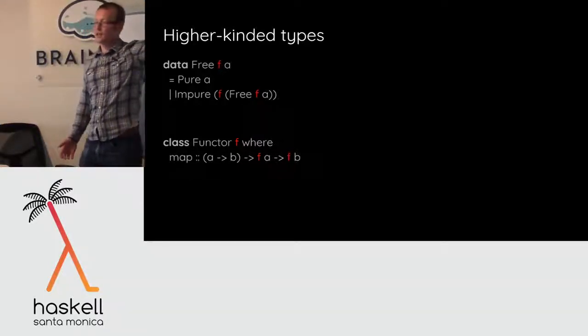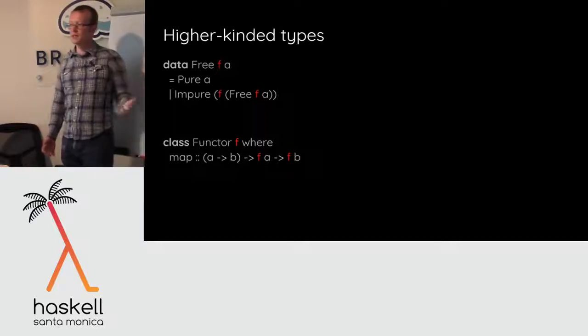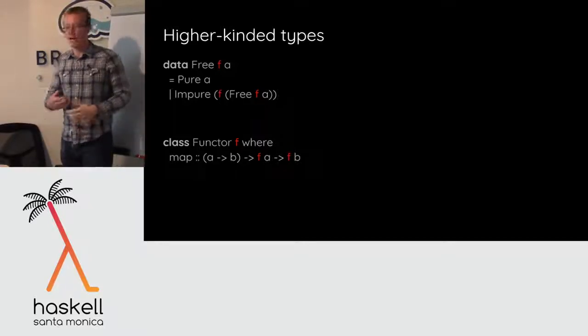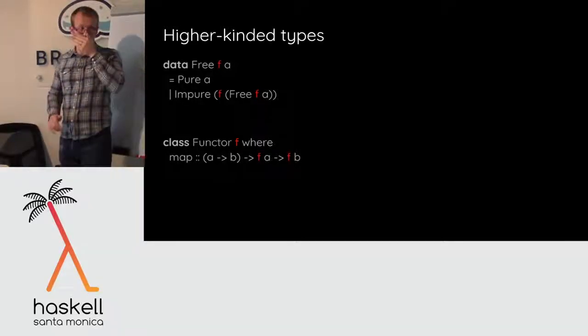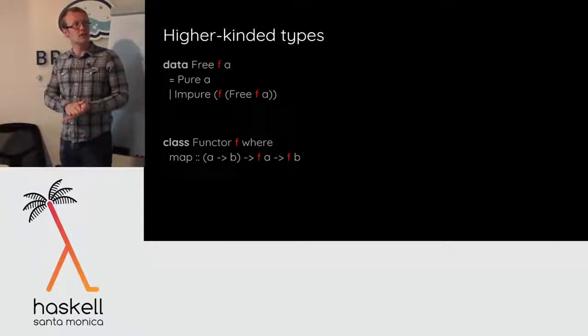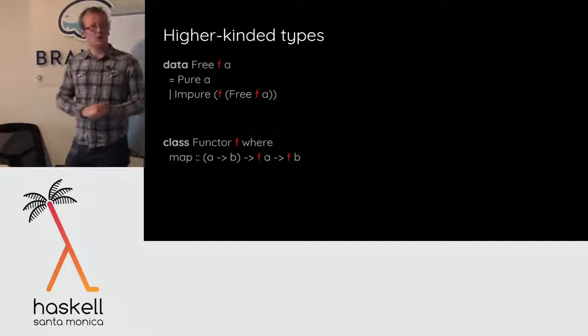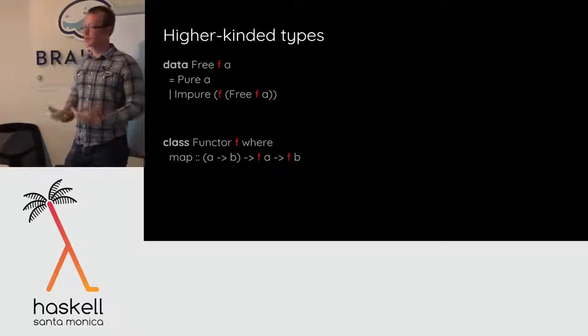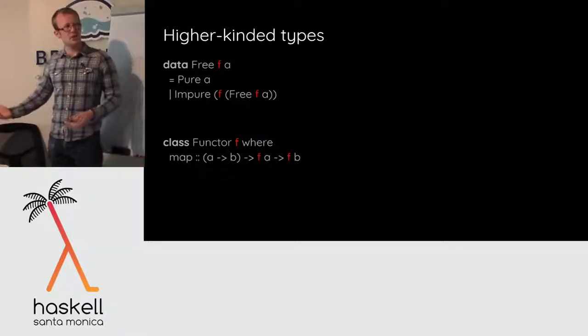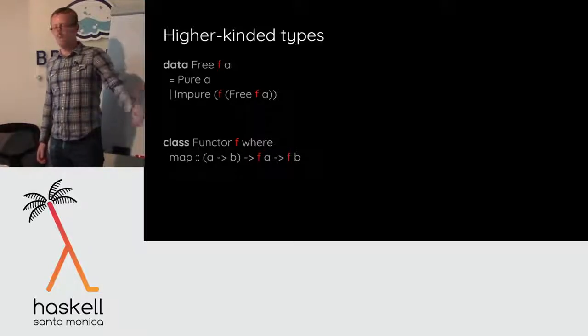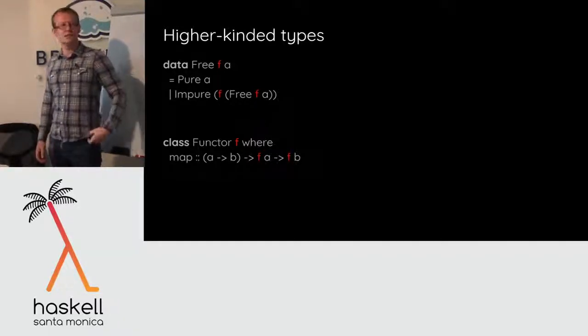So for example, I could apply Free to List, which is not a type itself, but List of A is a type. Okay, List is a type constructor. So when we have the ability to talk abstractly about type constructors or type constructor constructors and what have you, then we say we have higher-kinded types, okay?